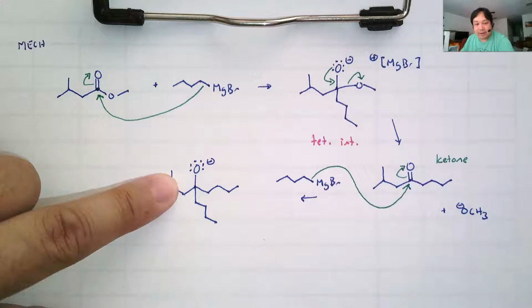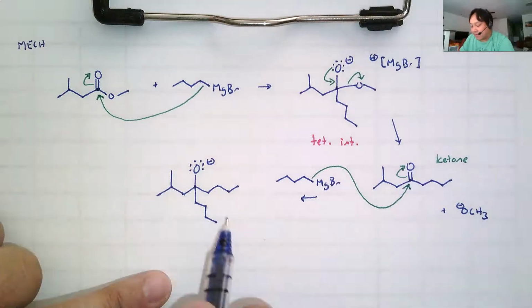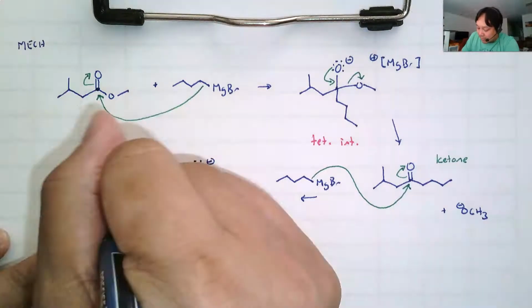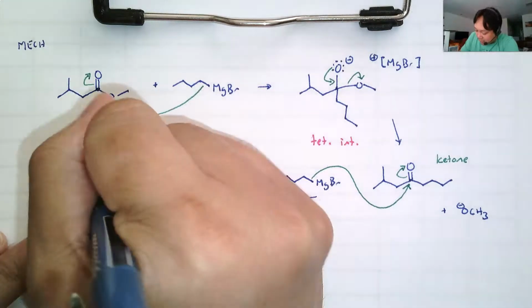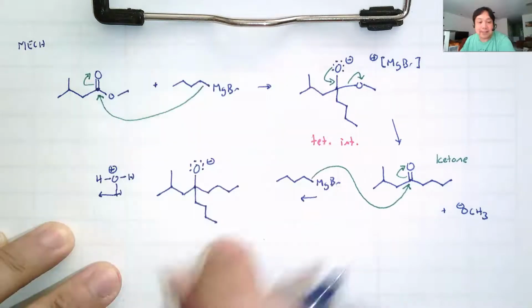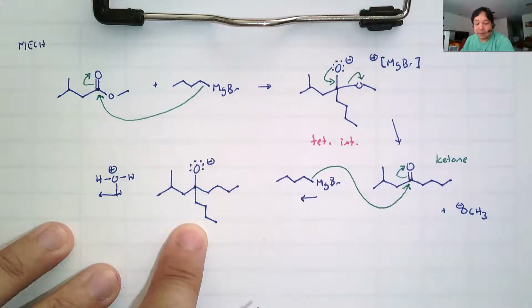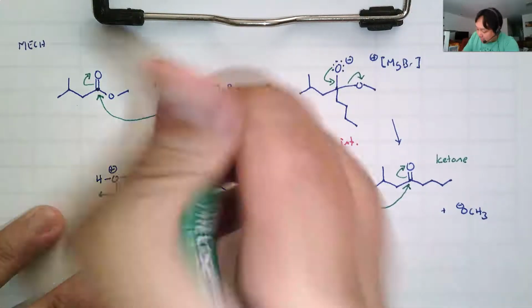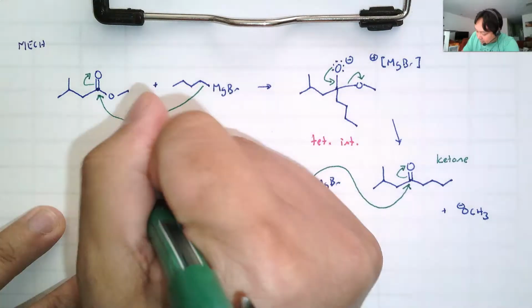Now we're here. There's no leaving group, so we can't remake the double bond. We just have to protonate. You see, I didn't mention it when I drew it. I added the second alkyl group due to the second Grignard reagent. And we have this.